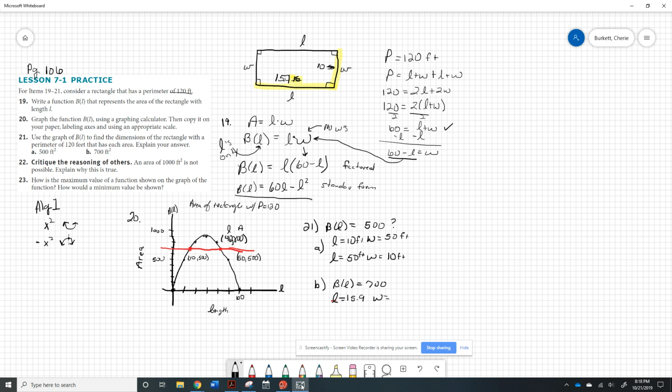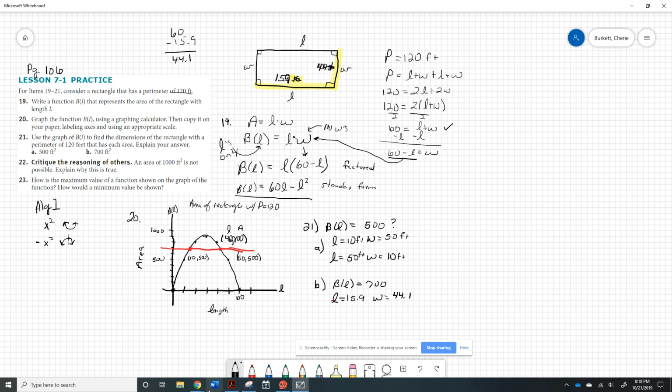Because remember, these two have to add together to be 60. So 60 minus 15.9, that makes it 44.1. So this would be 44.1.